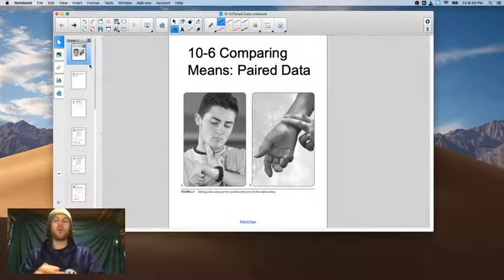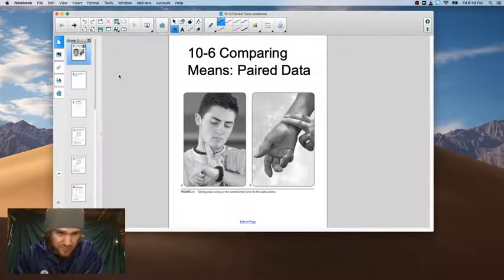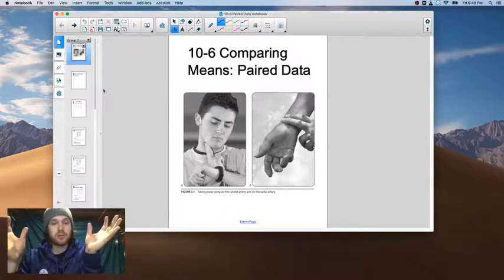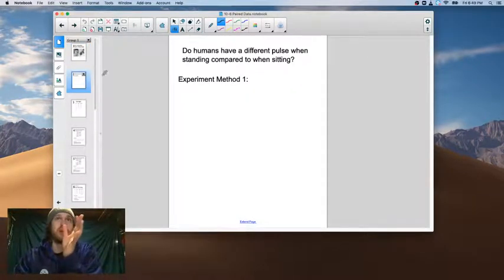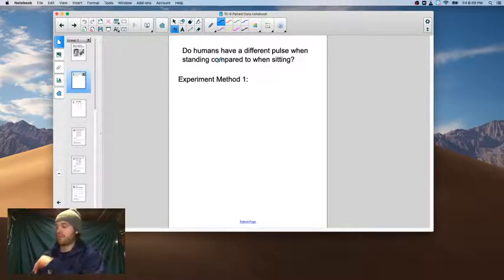If we want to argue that standing and sitting makes a difference, maybe we would randomly generate who gets what treatment. Do humans have a different pulse when standing compared to when sitting?